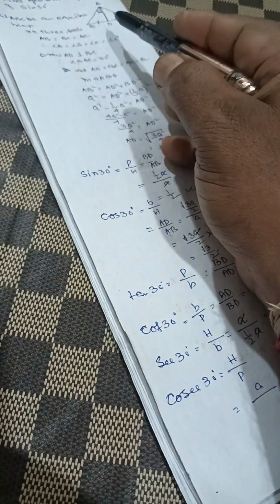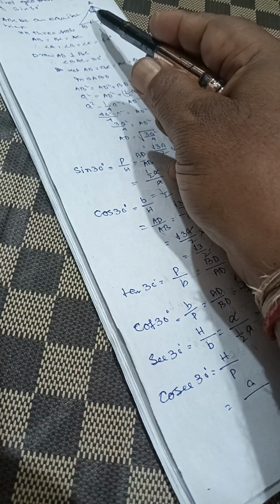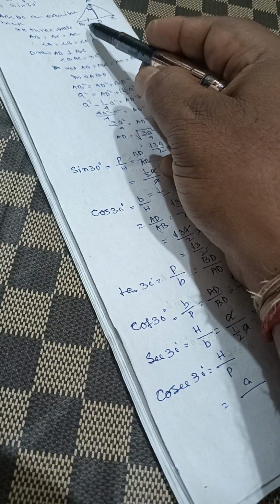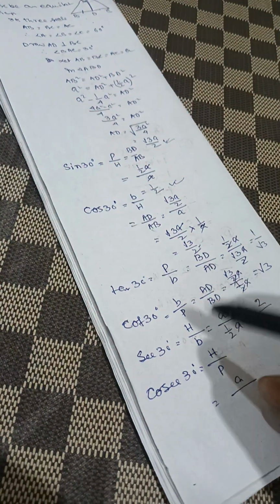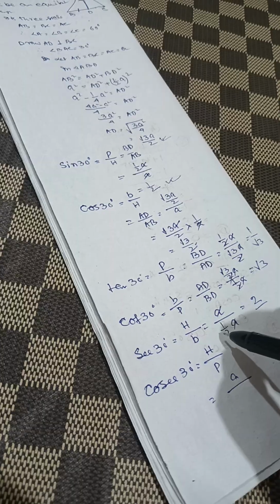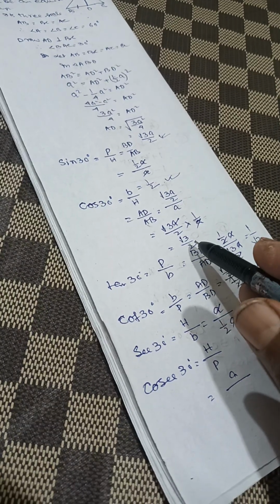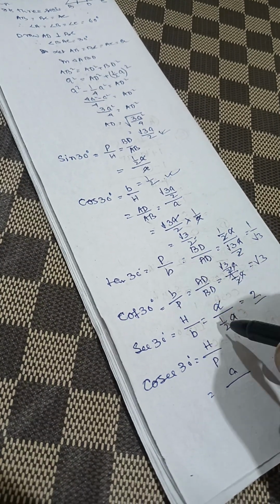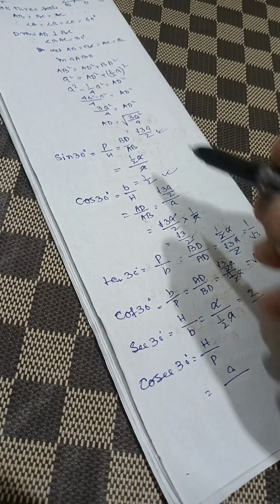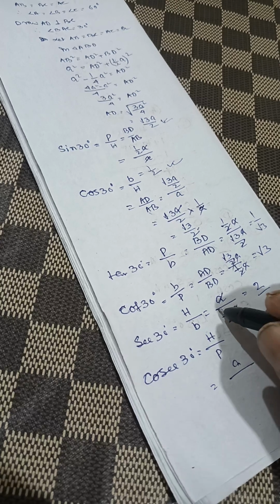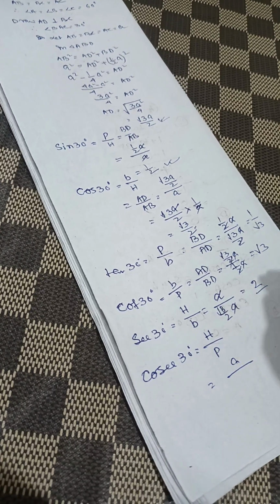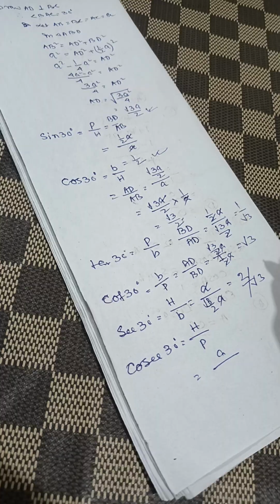Actually in the diagram you see, the opposite side of 30 degrees is BD. So BD is perpendicular and AD is the base. The value of AD is root 3 by 2, so here you have to write root 3 by 2 into A. So A cancels, then the answer will be 2 by root 3.